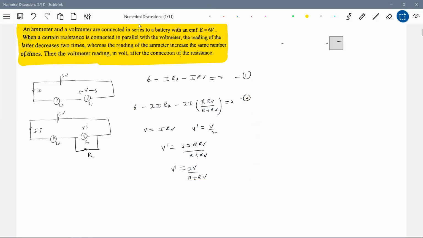Okay, now we'll equate. So this will be 6 minus IRV is equal to 3 minus IRV by R plus RV. So this will become 3 is equal to, if I send it on this side, IRV will come outside: 1 minus R by R plus RV.